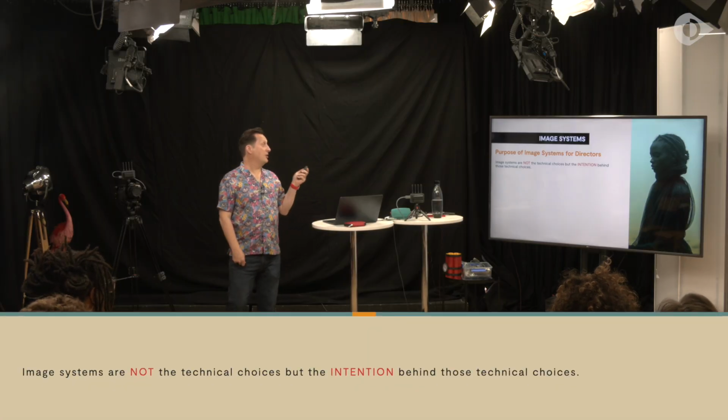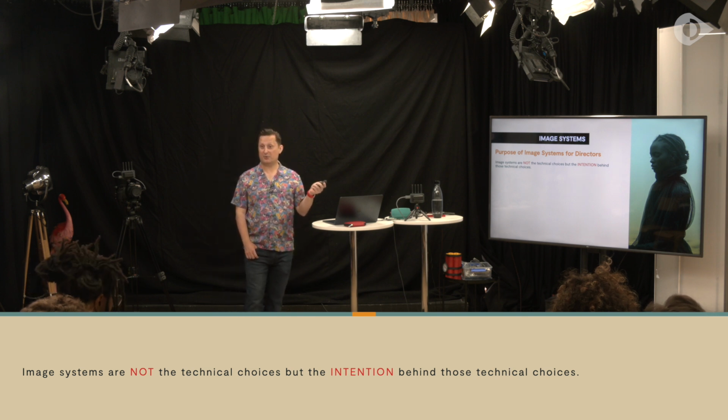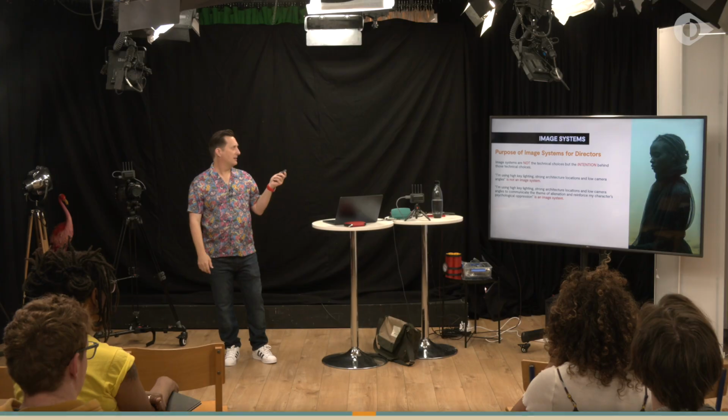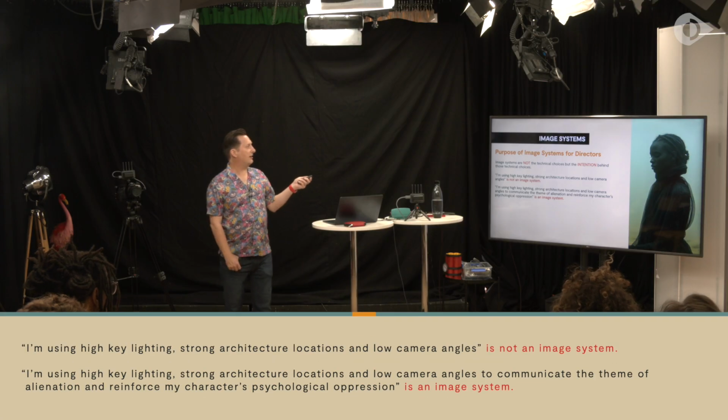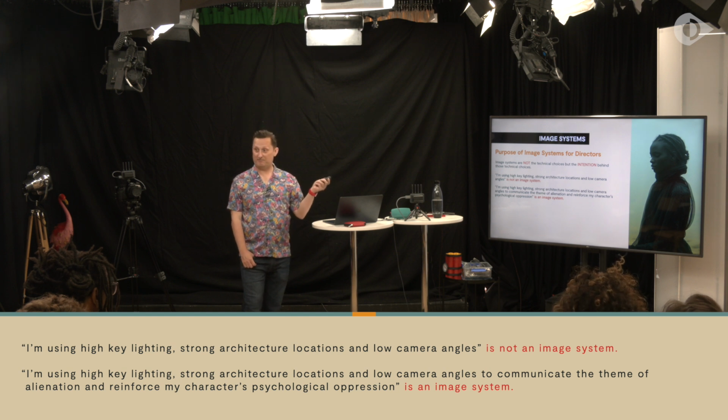Image systems are not the technical choices, but the intention behind those technical choices. This is the way to think about it. Okay? There will be a lot of repetition in what I'm going through today to reinforce these points, and so by the end of it, you will get the gist of what I'm talking about. So, I'm using high key lighting, strong architecture locations, and low camera angles is not an image system.